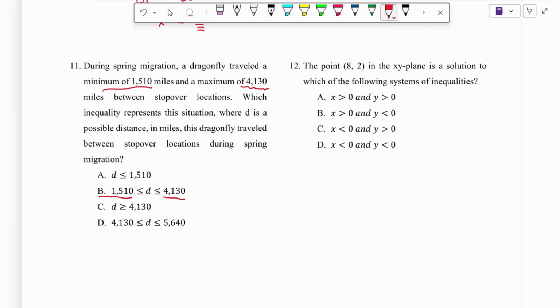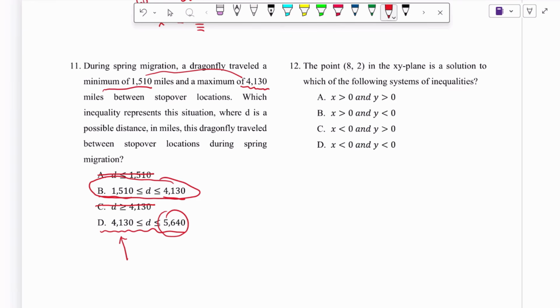It can't be A because this says it traveled under 1510. The minimum amount that it traveled was 1510, so it can't be less than. Cross out D because it didn't travel more than 4,130 miles. This one down here doesn't make any sense because the smaller number should be on the left. And here, 5640, they must have just added these two together. That's incorrect. Answer choice B is the correct one.